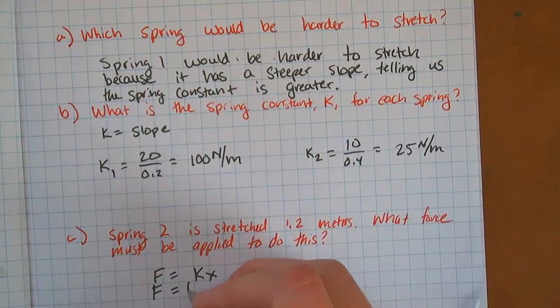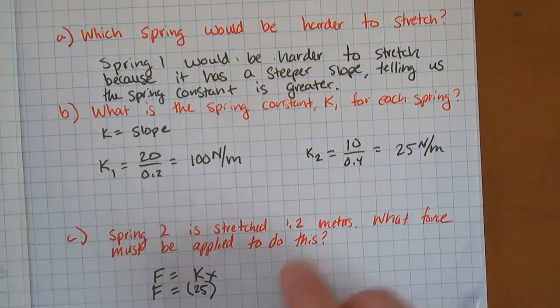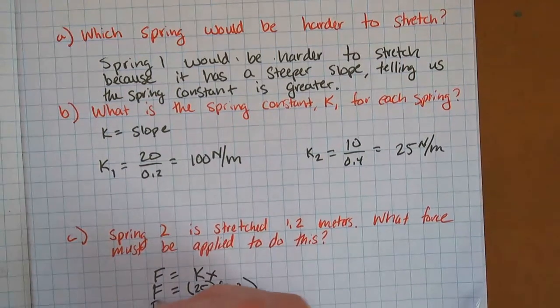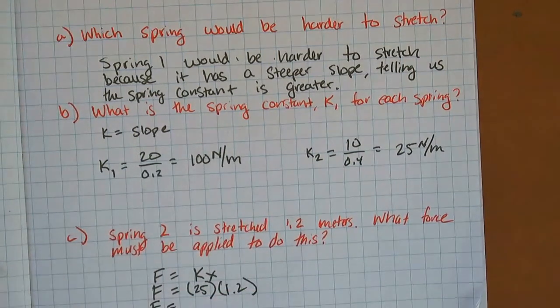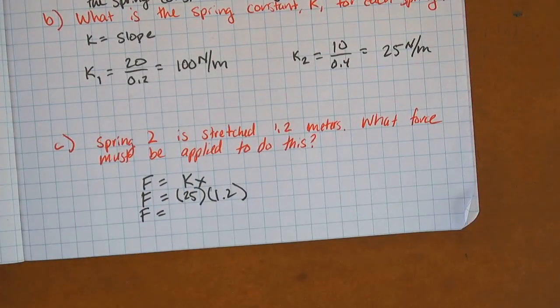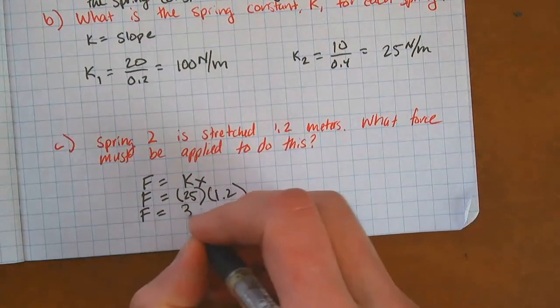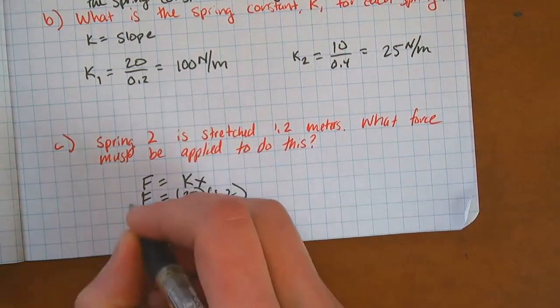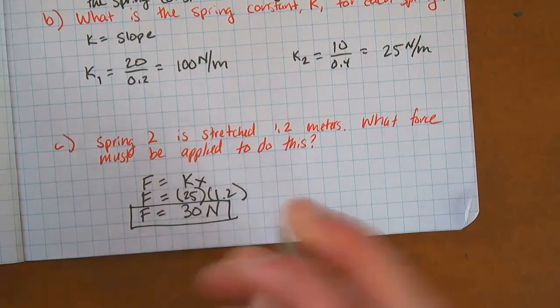We put in the 25 newtons per meter, and it's stretched 1.2 meters, so we put in the 1.2 there. 25 times 1.2 gives you 30 newtons. And there you go.